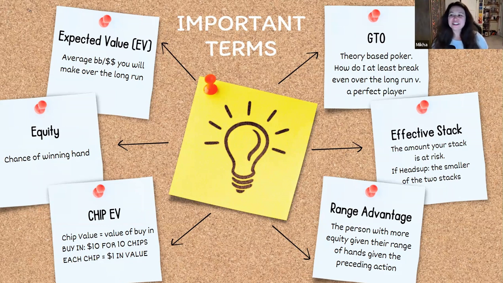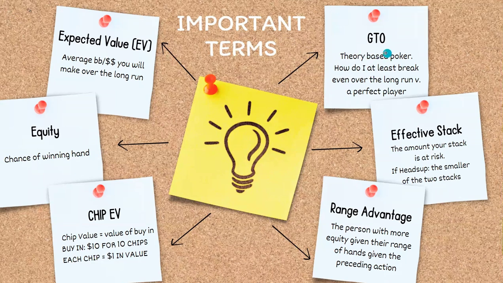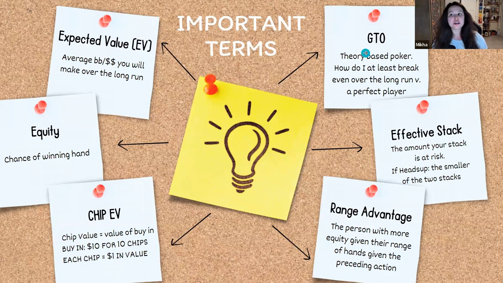I'm going to start with GTO. GTO confuses a lot of people, and you'll hear a lot of times GTO versus exploit poker. I want to preface that they're really not different, but what people refer to as GTO is different than exploit poker. When people say GTO, they're referring to Nash equilibrium.